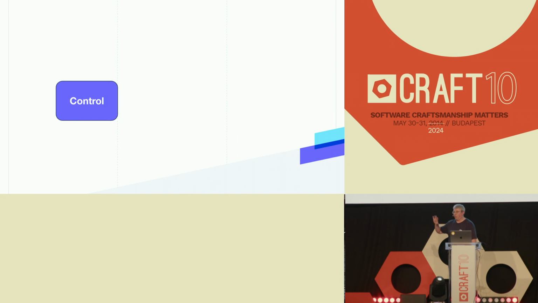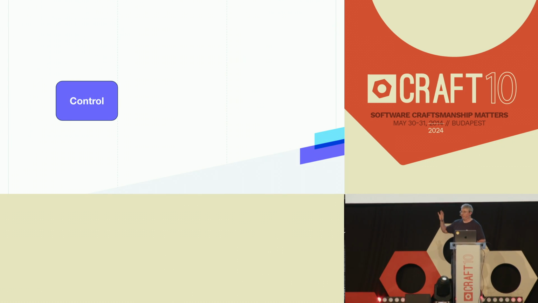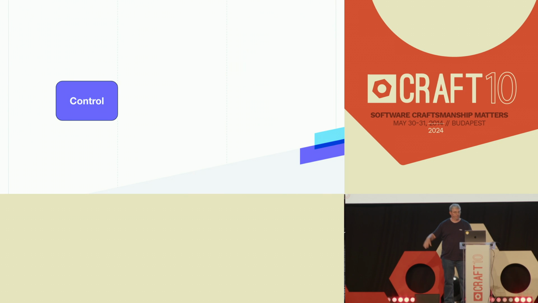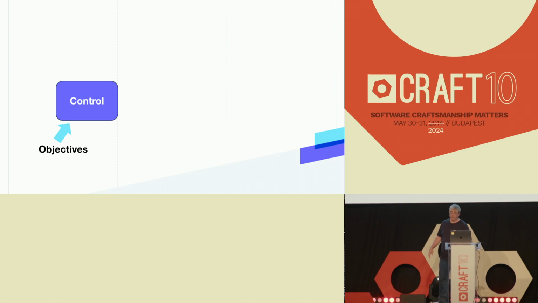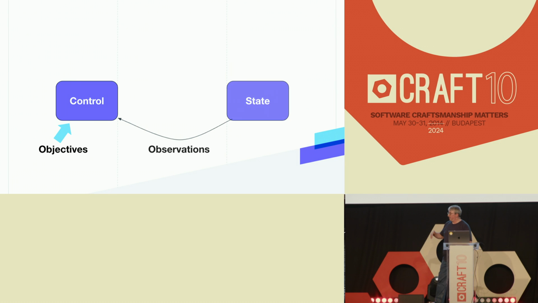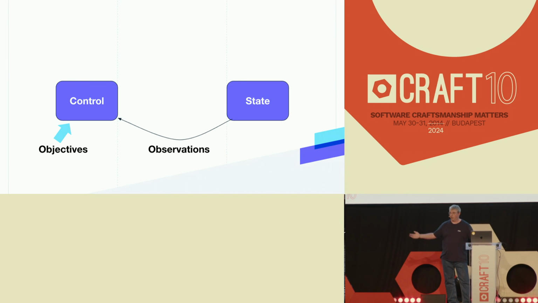And so what we're now going to start talking about is a basic control loop. We have some system that is the control system. It has a set of objectives. In the case of chess, I want to get my opponent into checkmate, capture their king, and win the game. There is the system that's under control, which is the overall chess game, if you will. We're going to make observations about the current state.